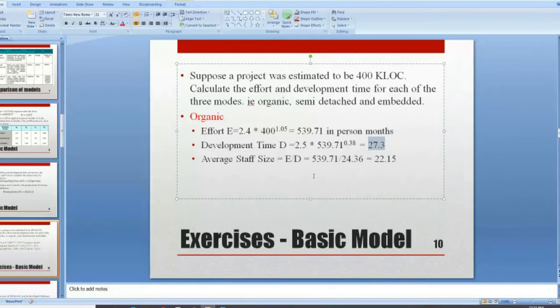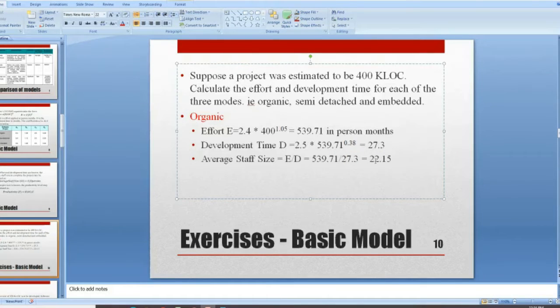So from these two values, effort and development time, are we able to identify the average staff size? Yes. How to identify it? With the help of E divided by D. What is E here? Effort. What is D here? Development time. So the effort is 539.71, and the development time is 27.3.